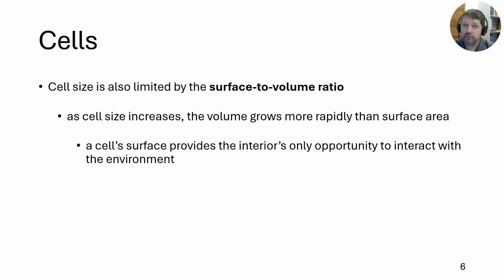But that's really important because that outer membrane, and we'll get to the different structures in case you're not sure what I'm talking about, that outer membrane is what makes up the surface area. It's really important because it allows things to come into the cell and leave the cell. If the volume increases faster than the surface area, then the amount of material you need to come in the cell increases as the volume does, but you don't have the surface area to provide for it.